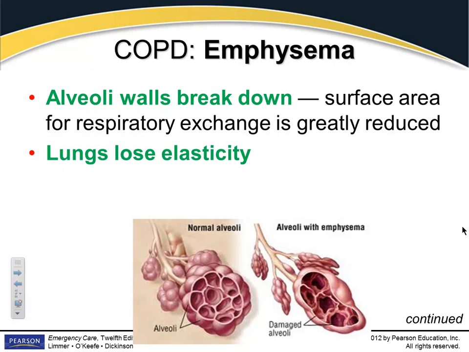The lungs lose their elasticity. That's the whole lung tissue as well as the alveoli themselves. It's not able to expand and contract. This is where some of that barrel-chestedness comes from, because they get air in there and you can't squeeze it out. You know, if you've got air in your lungs, how are you going to get it out if it's not going normally?